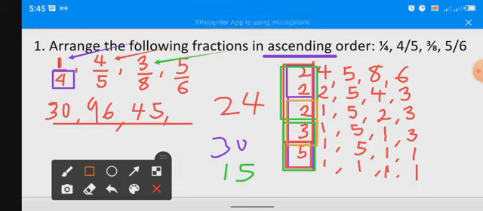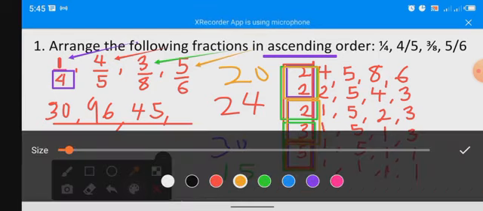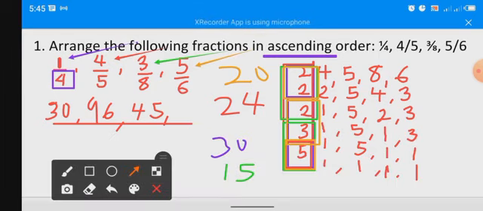So we'll be left with 2 times 2, which is 4, times 5. 4 times 5 is 20. So 20 multiplied by this 5 on top gives you 100.